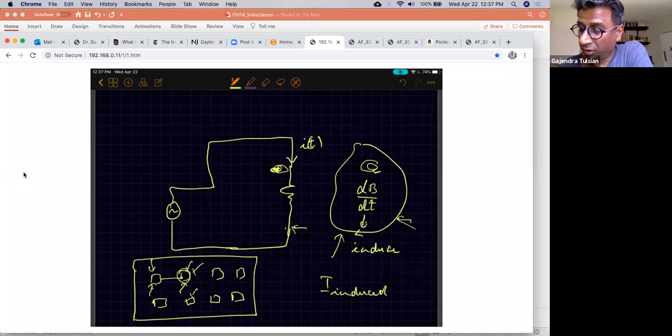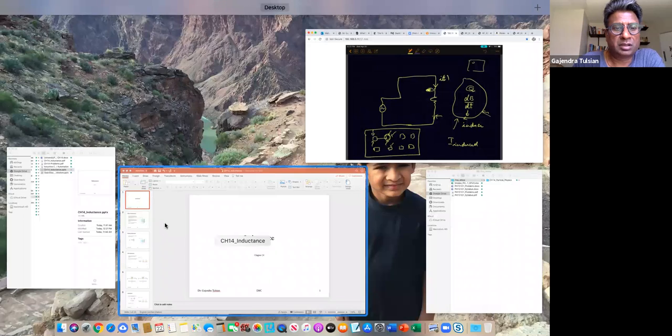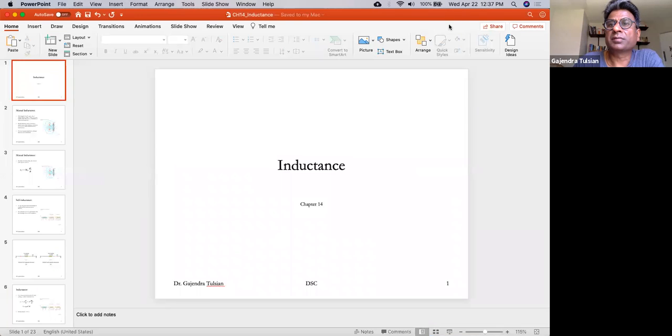And nowadays, we all can't live without microchips. There is a large number of circuits within a small chip in close proximity. So you have to learn about this stuff. So that was the motivational part for this chapter.